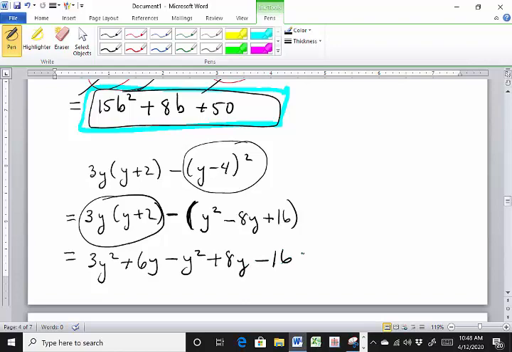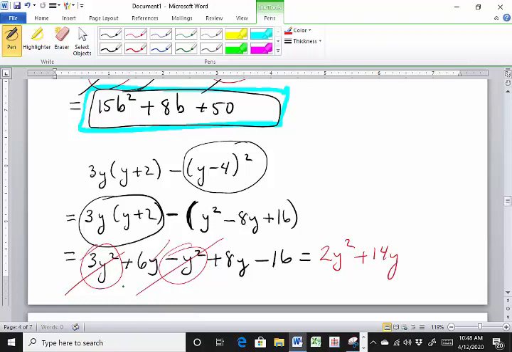Then the last step says to collect like terms. Okay? By just doing basic addition and subtraction. So 3y squared minus y squared is going to give us 2y squared. So I cancel those out. 6y plus 8y is 14y.